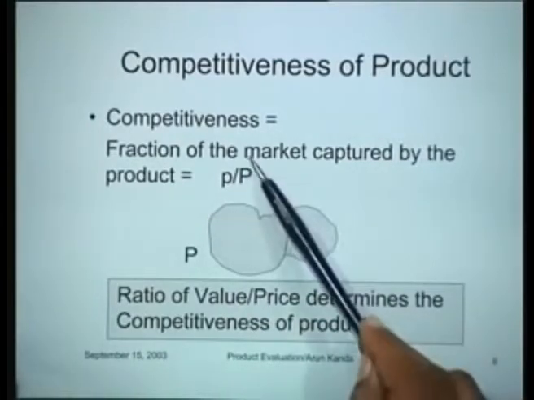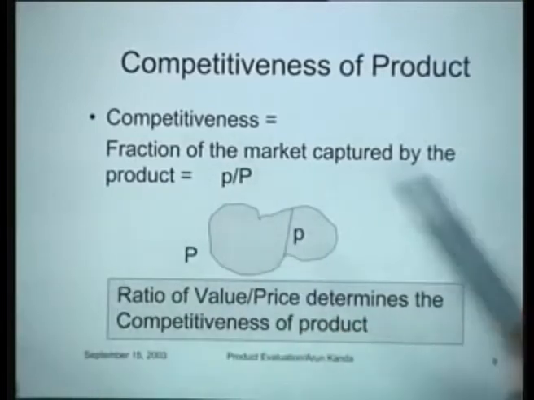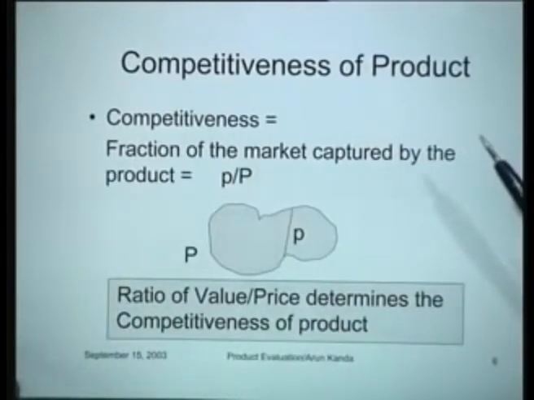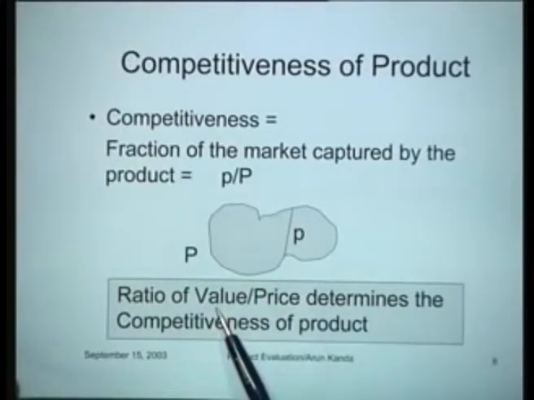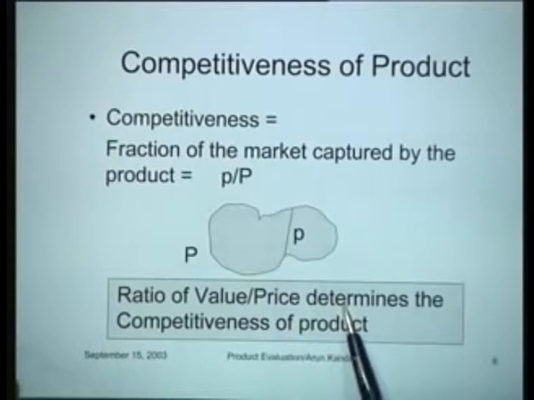And how do you increase the competitiveness of a product? The major thing is you want your products to compete in the market and do very well. So how does that happen? In fact, it is this ratio of value to price that determines the competitiveness of a product.